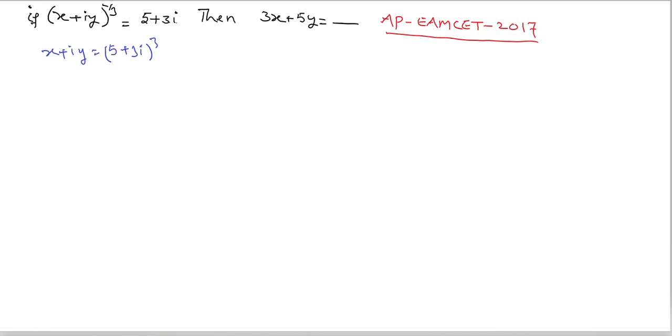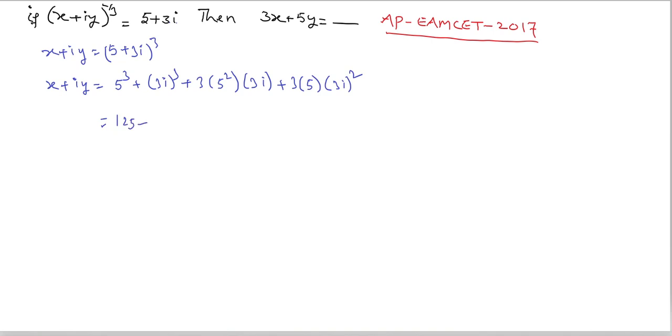So it is in the form of (a + b) whole cube, that is x + iy is equal to a cube plus b cube, 5 cube + (3i) whole cube + 3a square b, 5 square into 3i, + 3ab square, 3 into 5 into (3i) square. 5 cube is equal to 125.